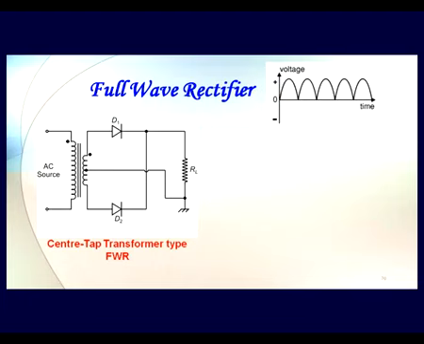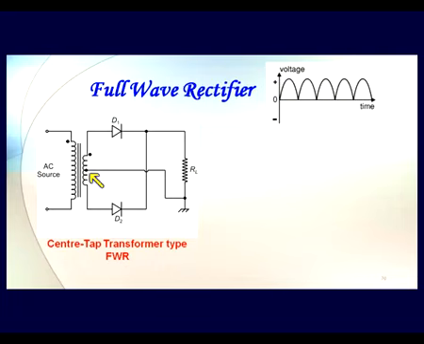Now here we are going to use, as you know, both the half cycles, and we need a circuitry which is going to even invert the negative half cycle into a positive half cycle. How to do it? For that we have two schemes essentially. One is called the center tap transformer type full wave rectifier, where we have an AC source which is given to our step down transformer here, which is center tapped.